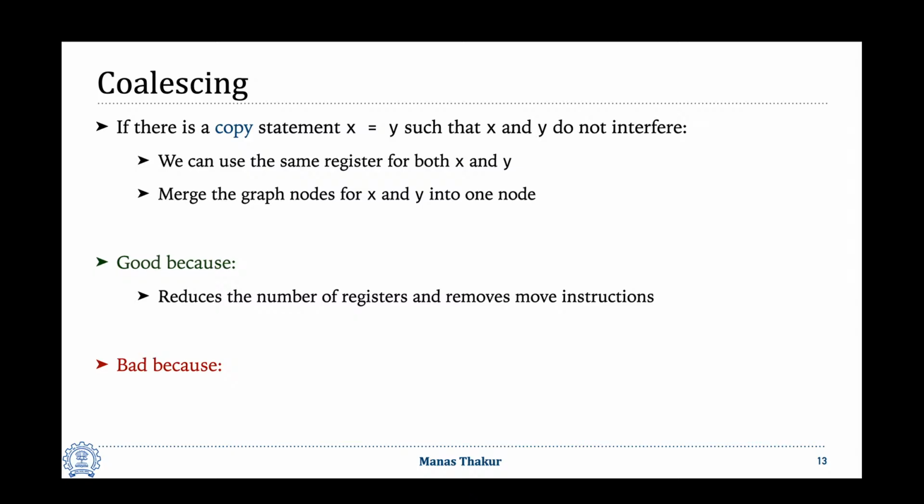Now how do I handle this while adding something new in my compiler? So I came up with coalescing. It allows me to reduce the number of registers immediately and remove a move instruction. But if the degree increases, it could lead to more register pressure because of the combined node having more neighbors, right?